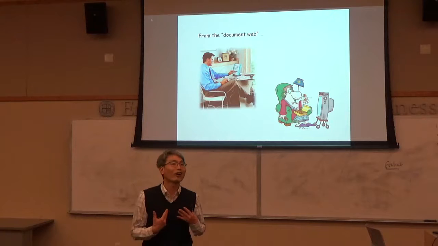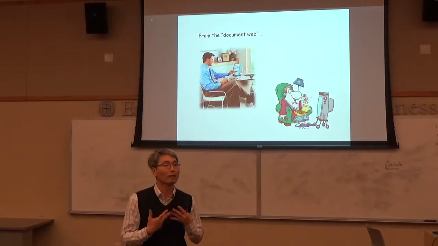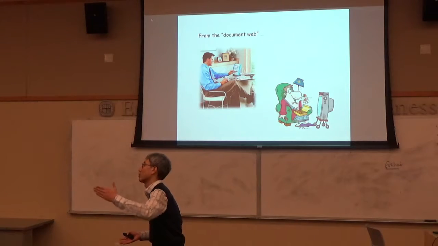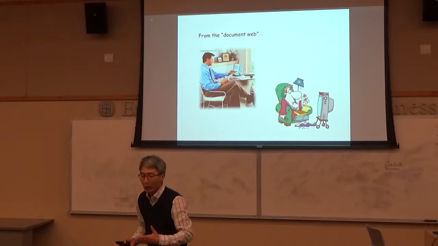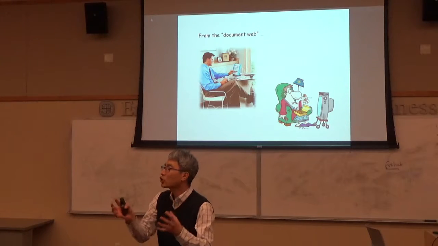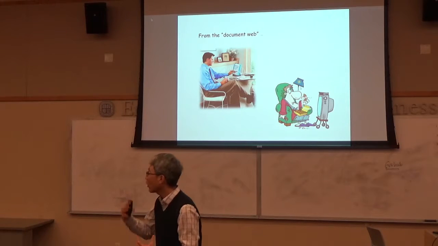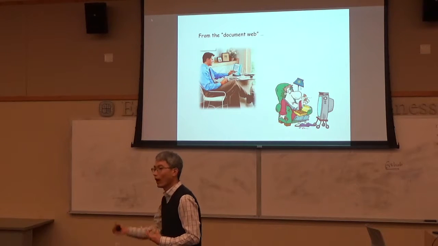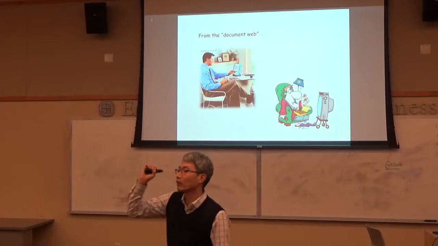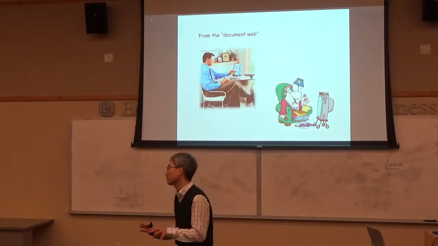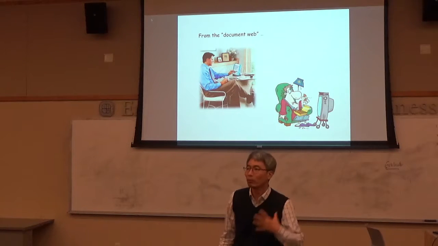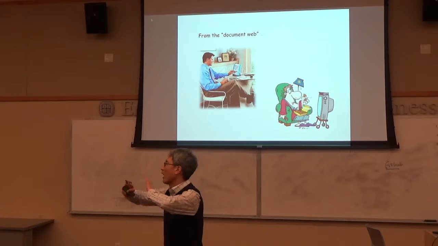Actually, the document is more human friendly. However, due to the limitation of computing resources and power, we try to organize and structure data to access it efficiently. One of the typical examples is the relational model. As I mentioned many times, it tries to deal with very large data. But if we deal with data as it is, everything is different.